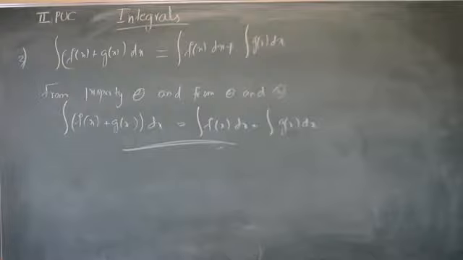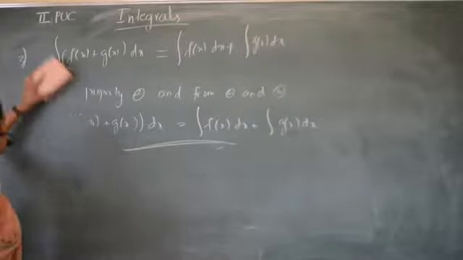So this is property number 3. Next, property number 4.